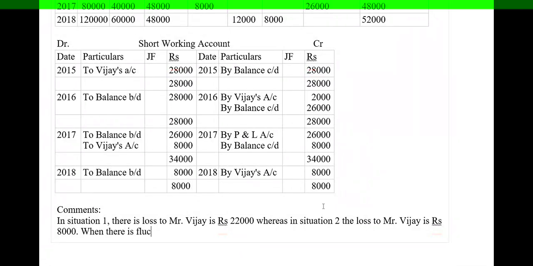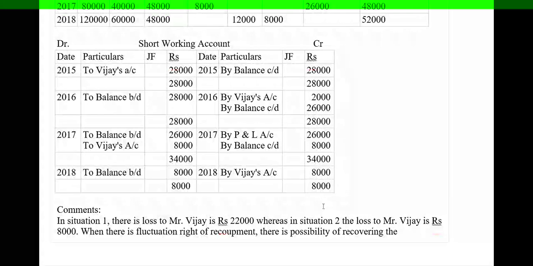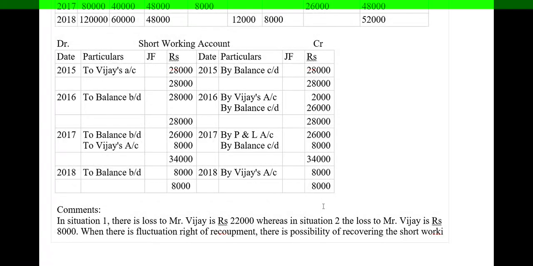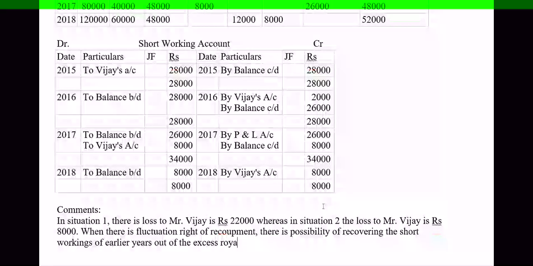So we can analyze that when there is fluctuation of right of recoupment, there is a possibility of recovering the short workings of earlier years out of the excess royalties.